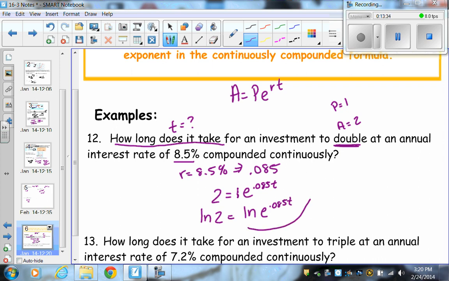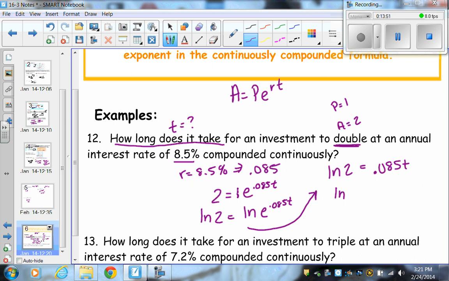That tells me that the natural log of 2 equals, remember this is really log base e of e, so that's just equal to 0.085t. Now I can solve for t by dividing both sides by 0.085.